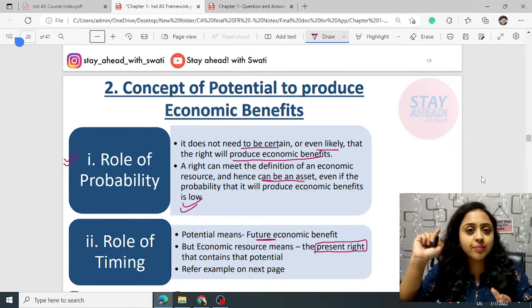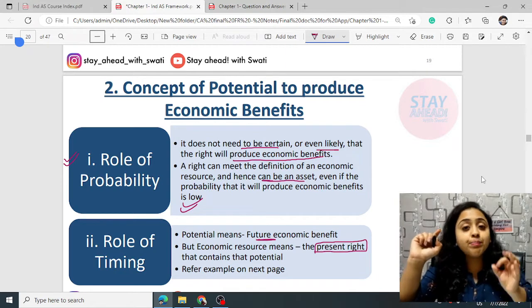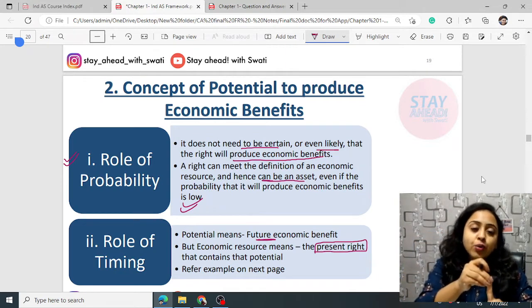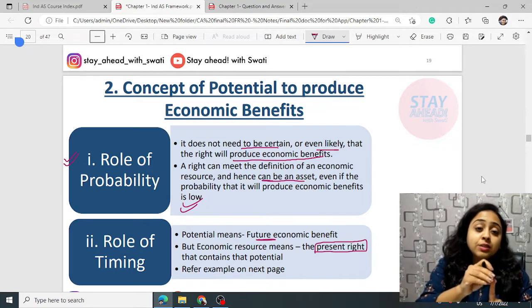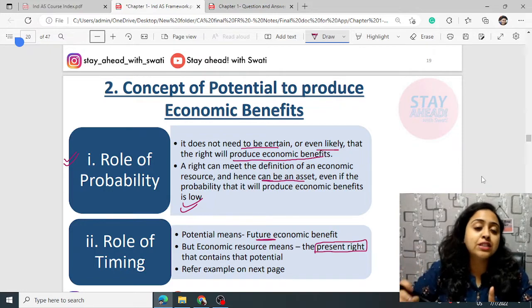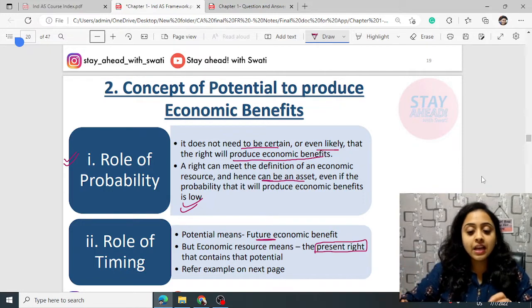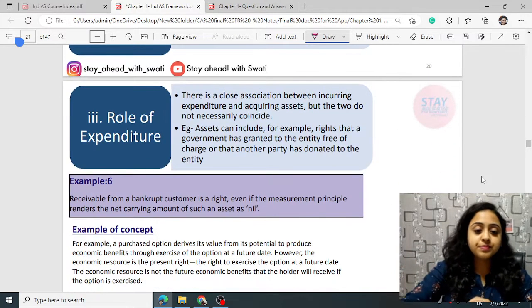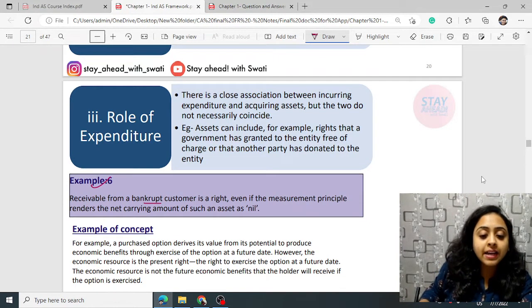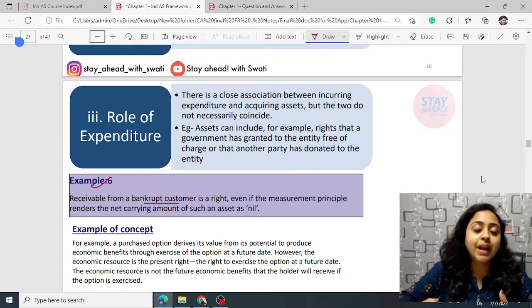Are you clear that the economic resource is the present right that you have currently, and its potential means that in future you will be receiving some sort of economic benefits. Now an example is given. Okay, for example, read this. Receivable from a bankrupt customer. A customer has gone bankrupt.